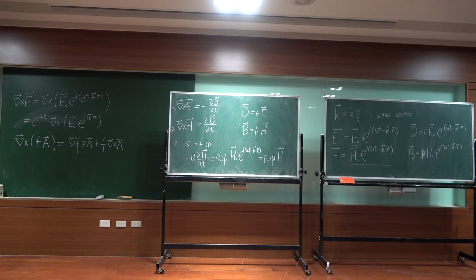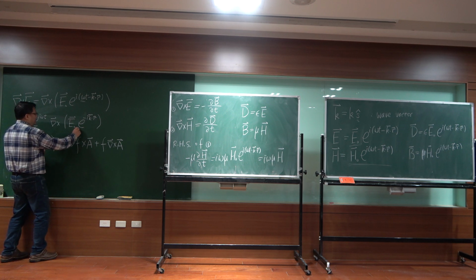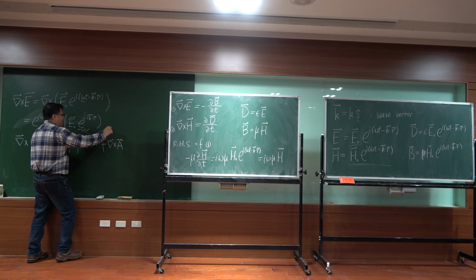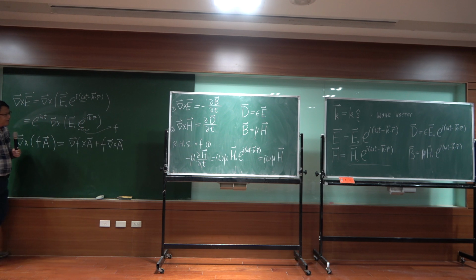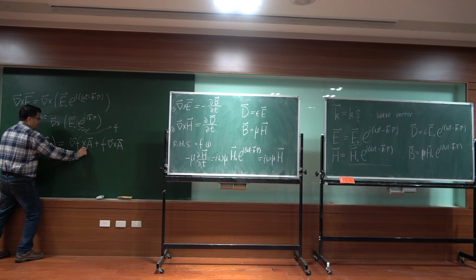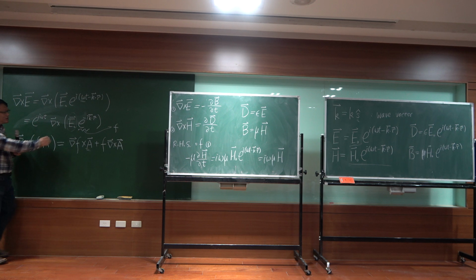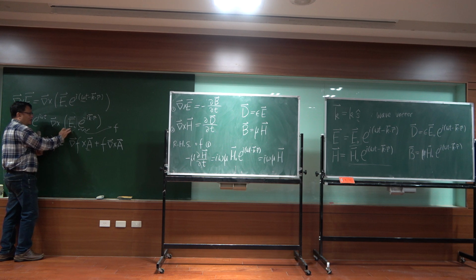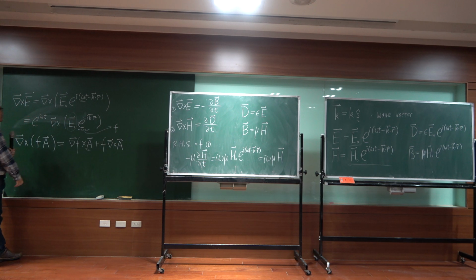If you do not know this identity, you can expand both sides and check its correctness, or reference the textbook. Now what is f? This phase factor is f, and this E0 is a. However, E0 is a constant vector, so the curl of a constant vector is equal to 0.